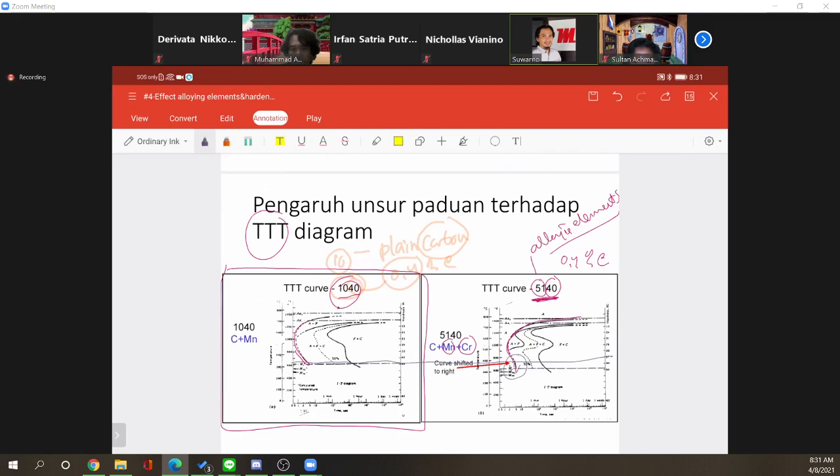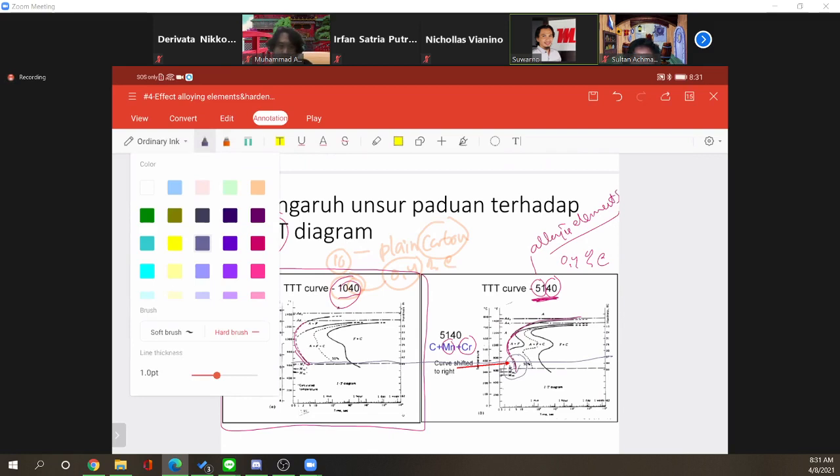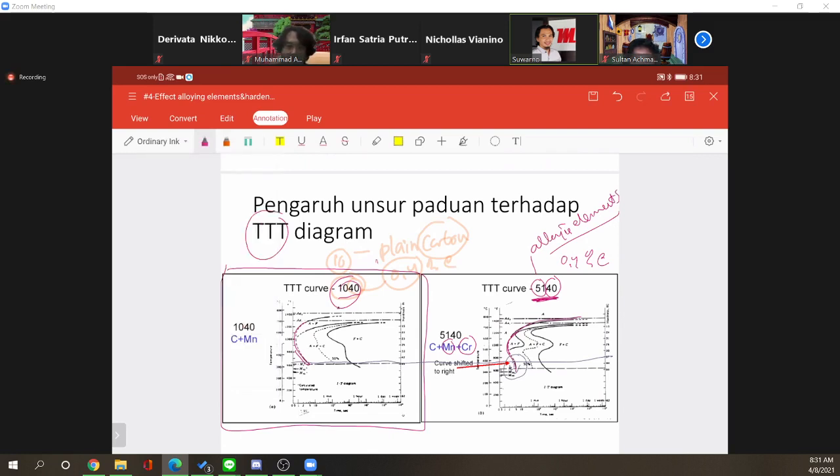So, for example, if you have a quenching path like this one, you quench, this is here. On the first, it's difficult for you to make it. Then you do the second, something like this.